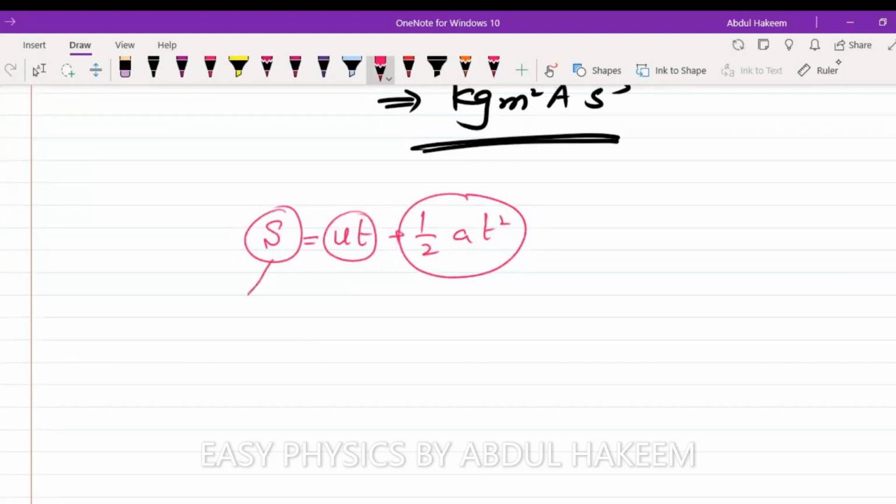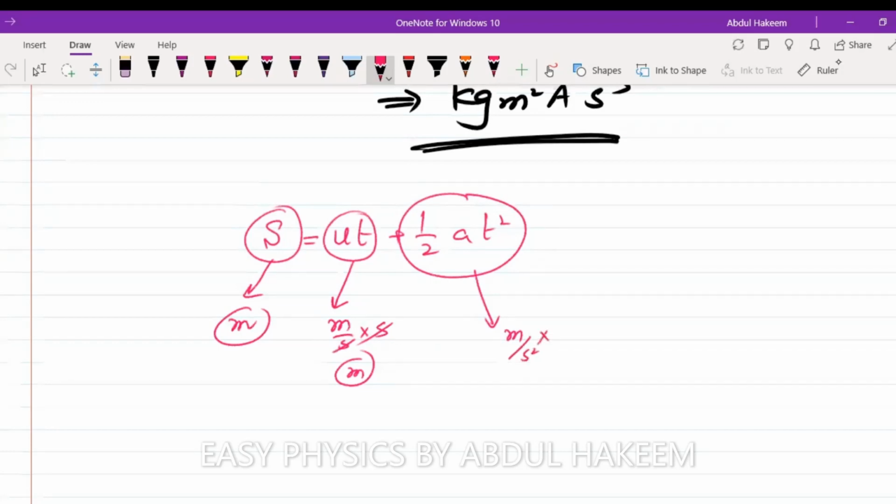So distance is measured in meter. The second term, meter per second multiplied by time, second cancelled, it's also meter. And the third, half has no unit, it's a number, acceleration meter per second square, time second square, cancelled, meter. So this is a homogeneous equation. So base units are used to check the homogeneity of the equation. So this is one example.